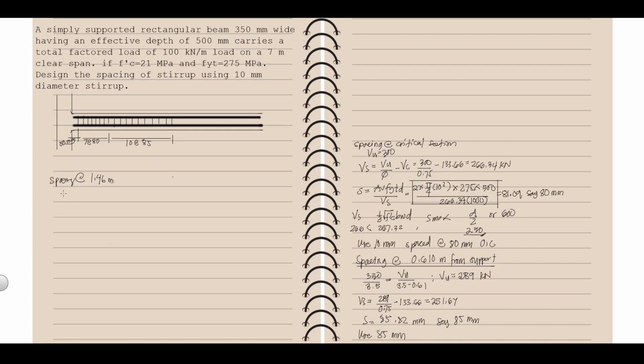Yan. Kukunin natin yan. So, let's solve the VU. Diyan, sa point na yan. So, VU or 350 is to 3.5 is equal to VU is to 3.5 minus 1.46.